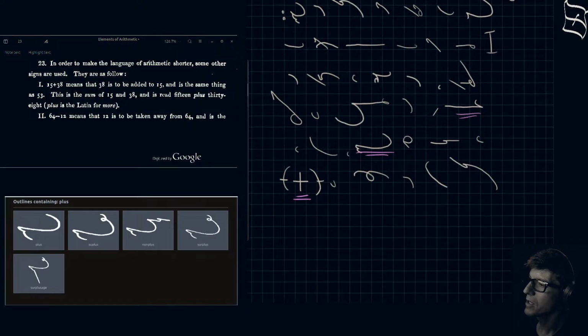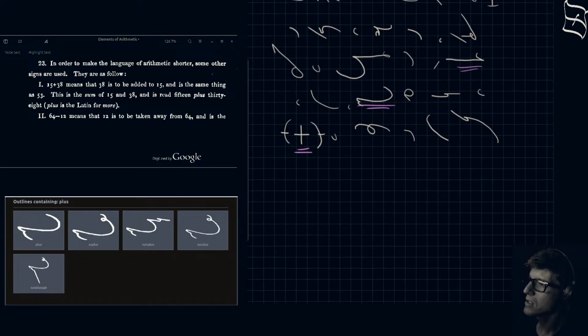Now, I am going to make a quick note in here that plus is the Latin for more, okay? So I'm going to do another parenthesis below, and we're going to show that plus is the Latin for more.